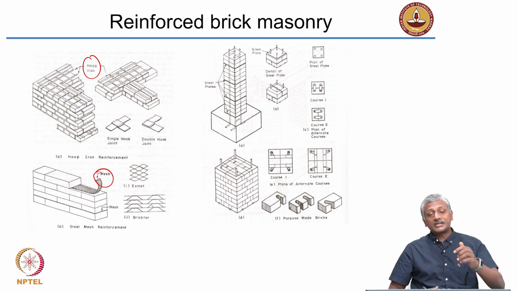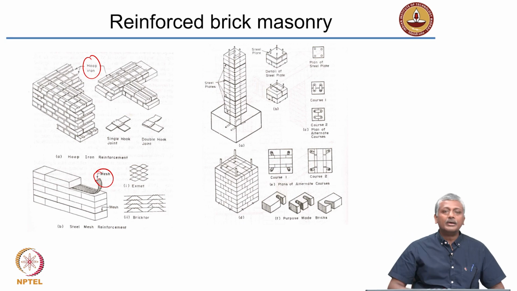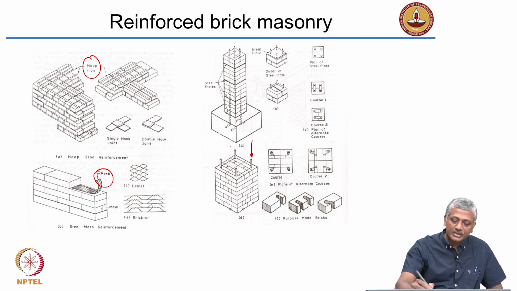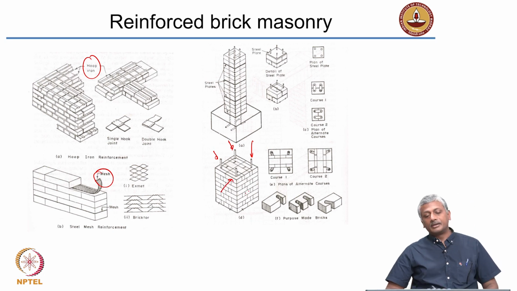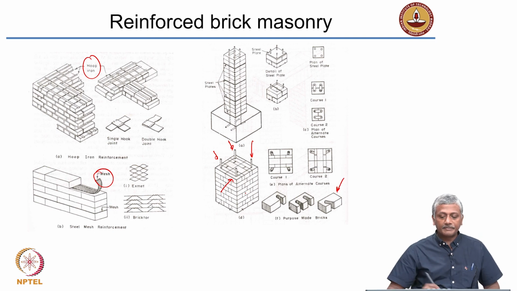So, in such cases, obviously you will have to provide gaps in your masonry where the rebar or reinforcing bar can be inserted. For instance, you see how these bars are inserted by using special bricks which have gaps inside where the bars can be inserted.